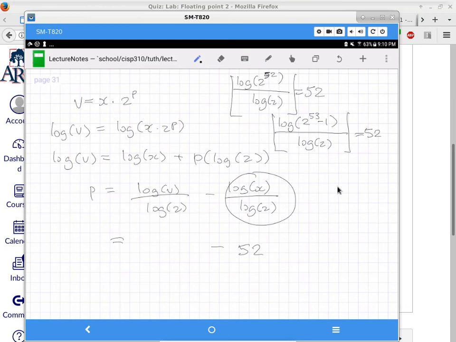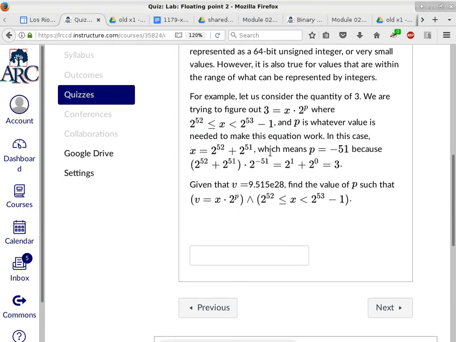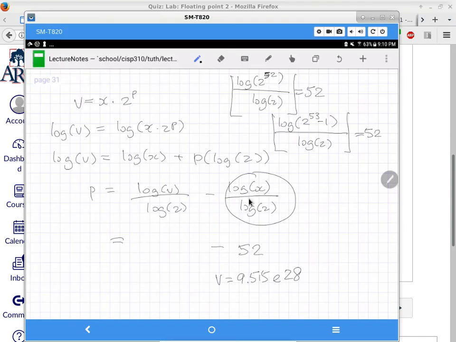So let me go back to the question, and we are supposed to convert... let me write it down first. So v is 9.515 times 10 to the power of 28. So let's do the calculation. 9.515 times 10 to the power of 28.